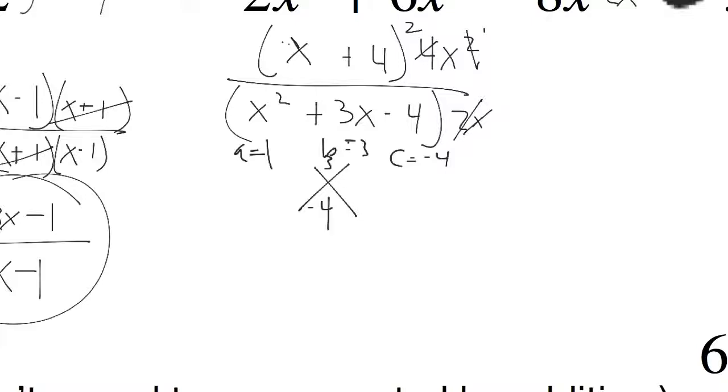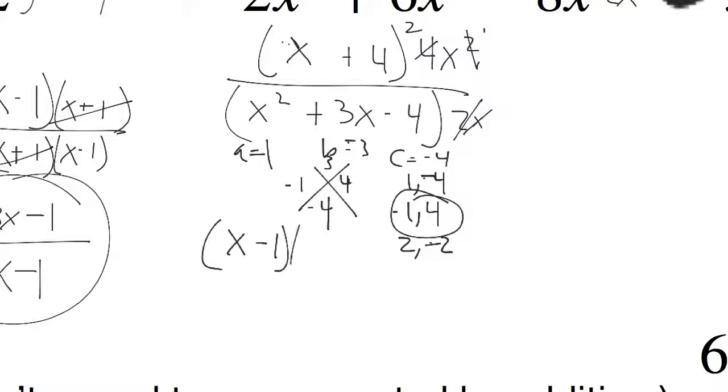And therefore we can say that the factor pairs of negative 4 are going to be 1 and negative 4, negative 1 and positive 4, 2 and negative 2. This is the one that works, negative 1, 4, so x minus 1, x plus 4, is going to be what the denominator is.